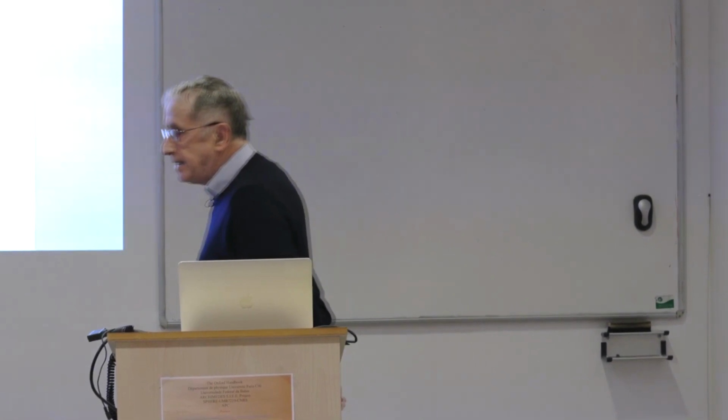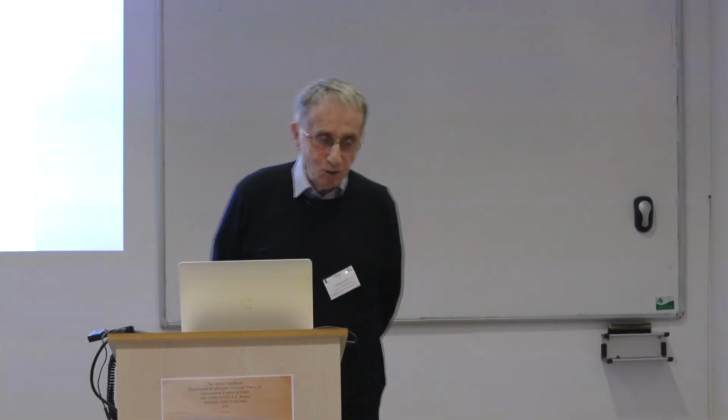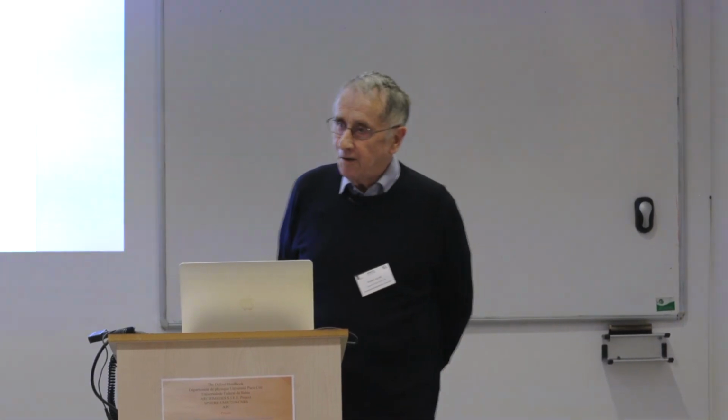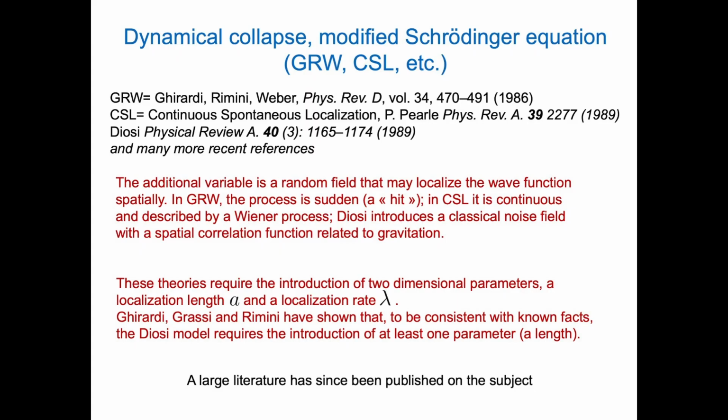Now, a second classical but non-standard approach to quantum mechanics is the dynamic collapse theories, where you modify the Schrödinger equation to introduce a collapse mechanism. The most famous versions of it are GRW, Ghirardi, Rimini, Weber, in 1986, CSL, introduced by Phil Pearle in 1989, or a version relating the collapse to gravity by Diósi in 1989, and many more references since.